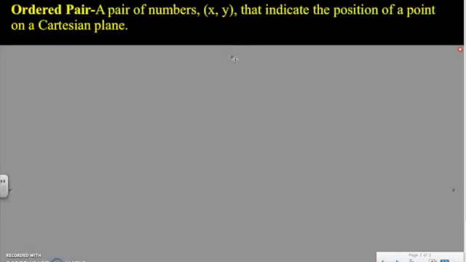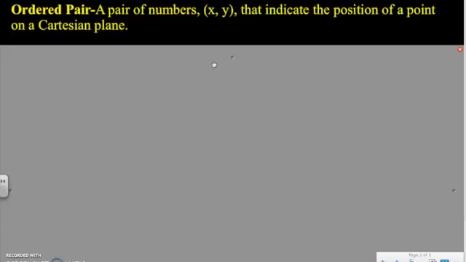Alright, ordered pair. You guys should be familiar with an ordered pair. It's a pair of numbers, x and y, that indicate the position of a point on a Cartesian plane. Now, Cartesian plane is another word for coordinate plane. It's that xy axis that we defined earlier. It's named after a mathematician named Descartes, and it has also that name of Cartesian plane.